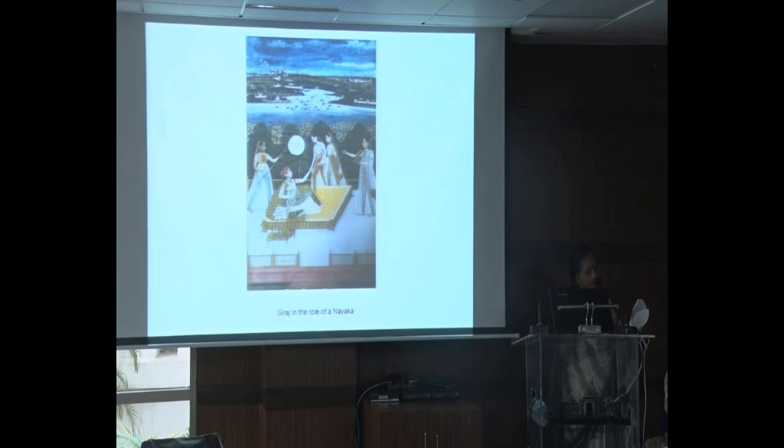So another transformation now takes place where the Muslim ruler becomes the hero of a romantic narrative in which Radha Krishna usually plays. And here Siraj becomes the Nayak, and you have this imaginary Naika. But the garden is laid out, as it was supposed to have been in Murshidabad painting, a continuation from the Mughal. Next.